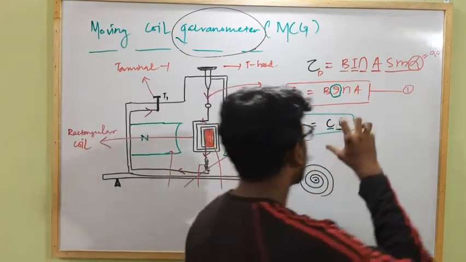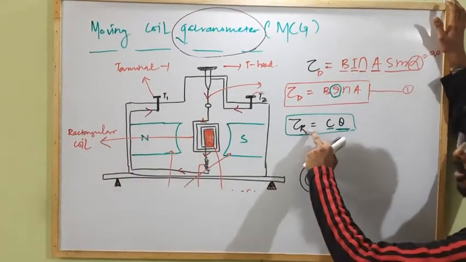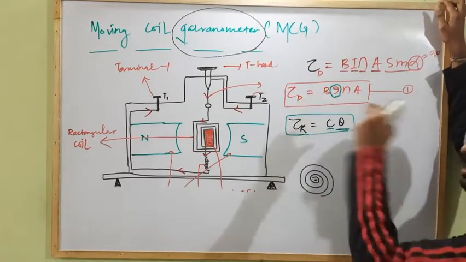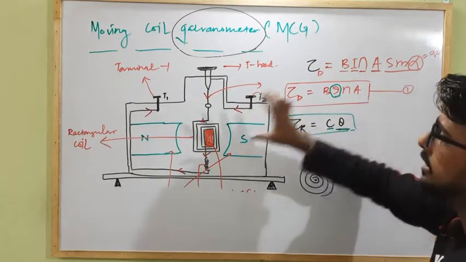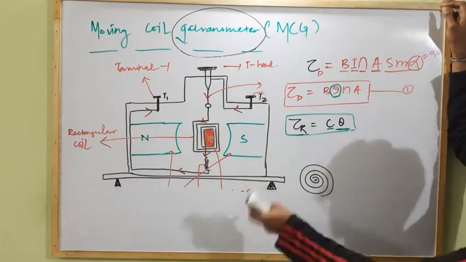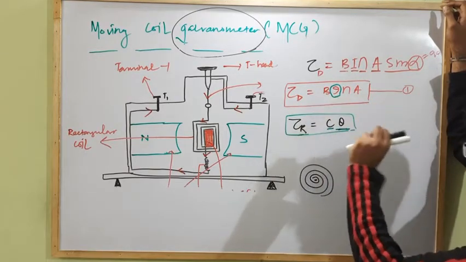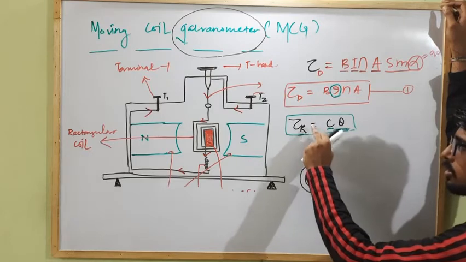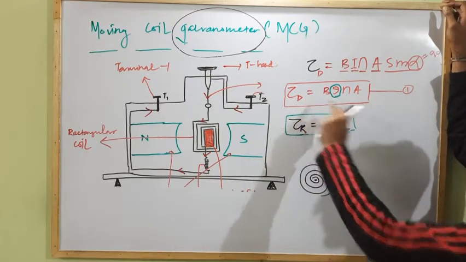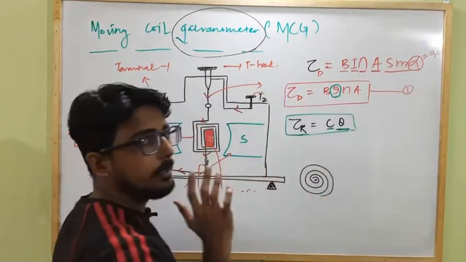So at a particular value of current, the restoring torque becomes equal to the deflecting torque, and at that instant the rectangular coil comes to an equilibrium position. That means when the current reaches a particular value such that the restoring torque equals the deflecting torque, the rectangular coil is in equilibrium.